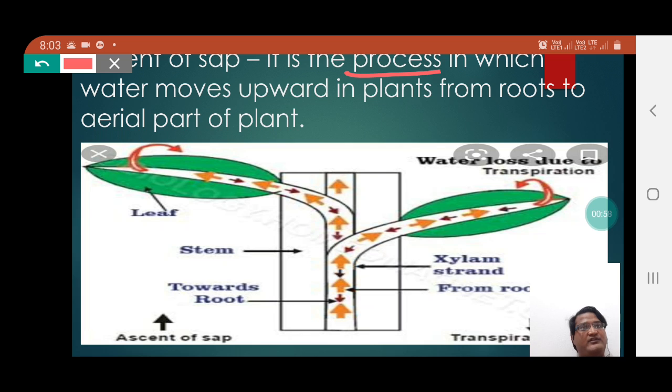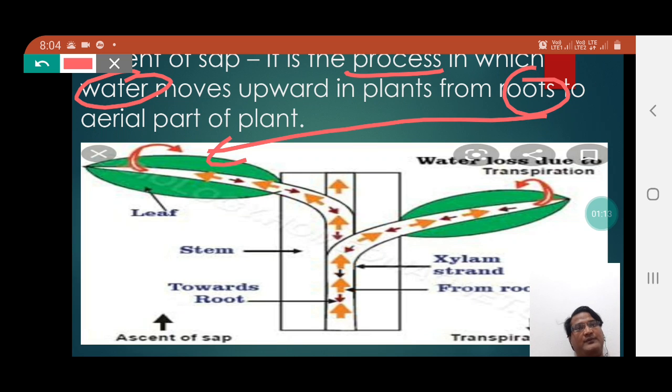Students, it is actually the process in which the water has to move from roots to the aerial part of the plant.